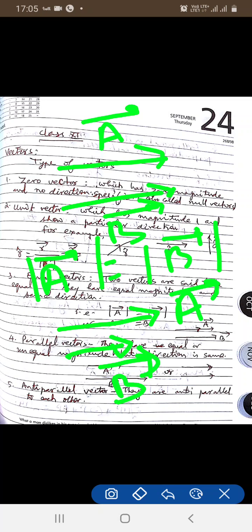Here you see magnitude of two vectors in parallel may be equal, may not be equal, but for equal vectors magnitude must be equal. So, we can say two equal vectors are parallel vectors, but two parallel vectors may not be equal vectors.